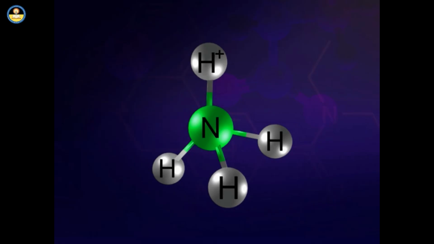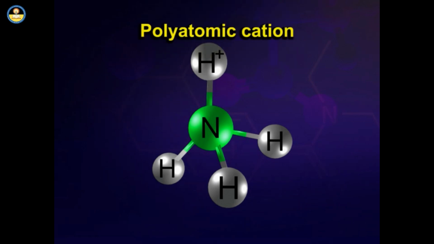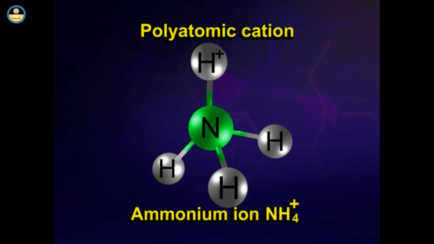A cation which contains more than one kind of atoms of elements is known as a polyatomic cation. Ammonium ion, that is NH4+, is an example of polyatomic cation.